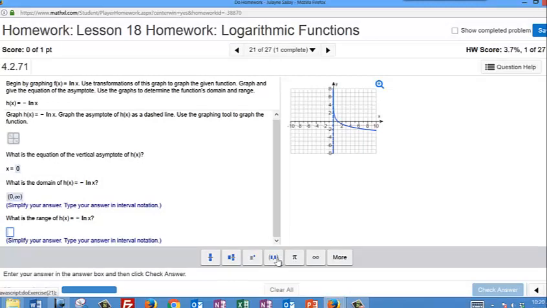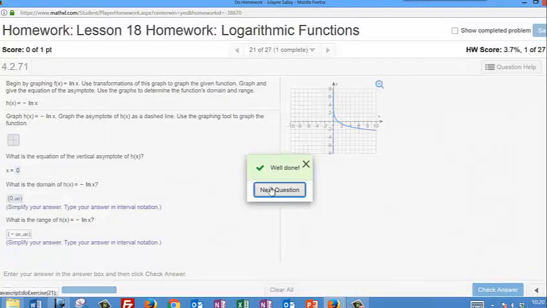We've talked about how the range of all logarithmic functions is all reals, just like the domain of the exponentials was all reals, because this is an inverse. We switched the x and y, and now the range is all reals. Let's check that. And now we are done. I hope this little tutorial helped you learn how to graph in MyMathLab.